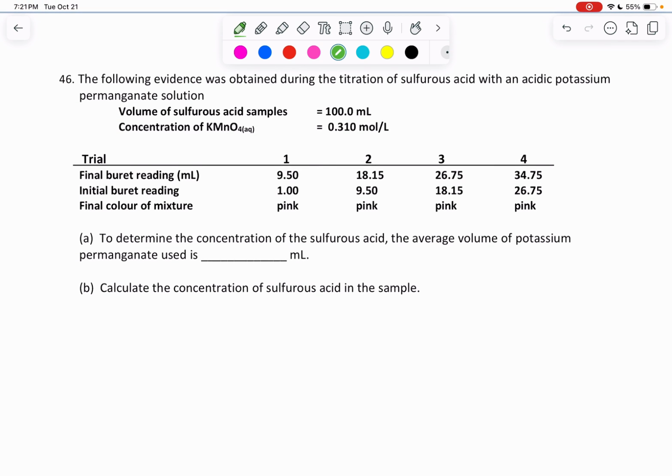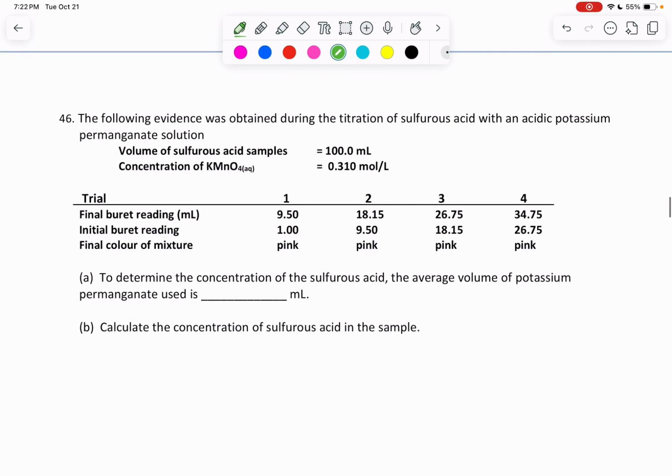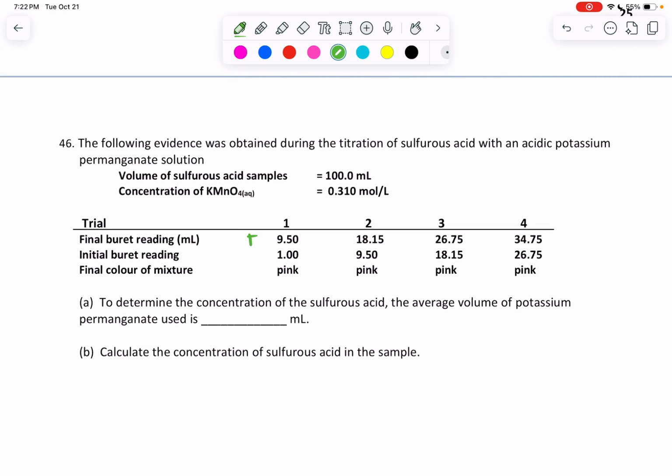The following evidence was obtained during the titration of sulfurous acid with an acidic potassium permanganate solution. So we're going to do final minus initial, which should give us a volume of 8.50 milliliters, 8.65 milliliters, 8.60 milliliters, and this should be 8.00 milliliters.